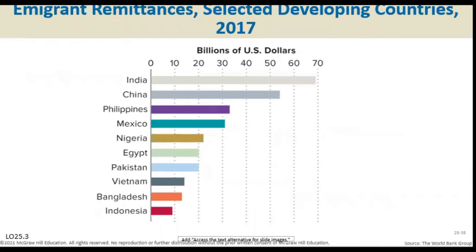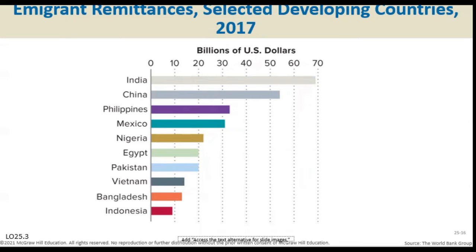So this global perspective lists the remittances that are received by a variety of countries. And you can see that most of the remittances flow toward developing countries.